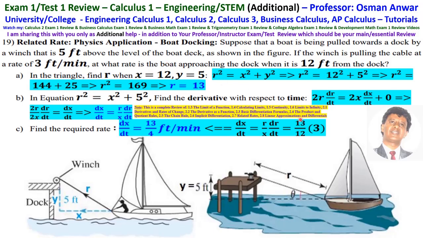That means this is 13 over 12 times 3, so dx by dt is 13 over 4 feet per minute. So when the winch is pulling the boat at the rate of 3 feet per minute, the boat is approaching the dock at the rate of 13 over 4 feet per minute.